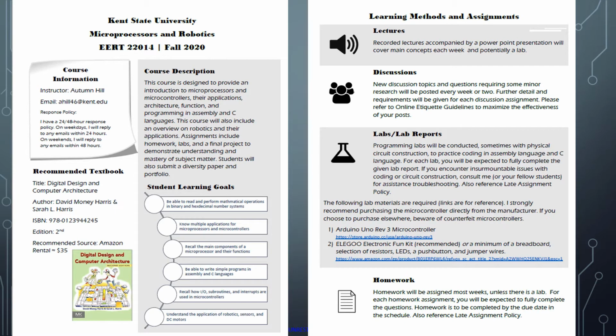I do require a couple of lab materials. The first is the Arduino Uno Rev 3 microcontroller. I recommend purchasing this directly from the manufacturer. You can purchase it elsewhere. I know Amazon has a couple. I would caution you though, if you do not buy it from the manufacturer, really be thorough in inspecting the product, look at the reviews, because there are some counterfeit microcontrollers.